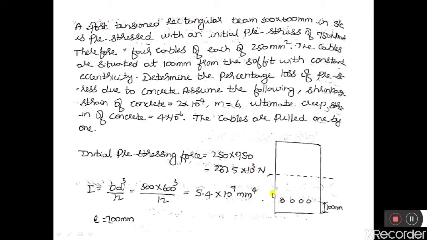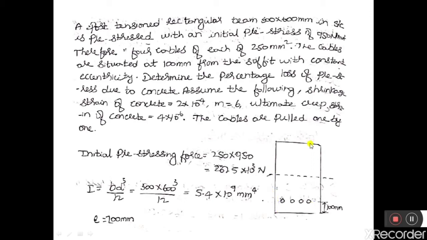The beam has 4 cables and the cross-section area of each cable is 250 mm square. These cables are located at a distance of 100 mm from the soffit. For this member, we need to calculate the percentage loss of pre-stress in the cable.